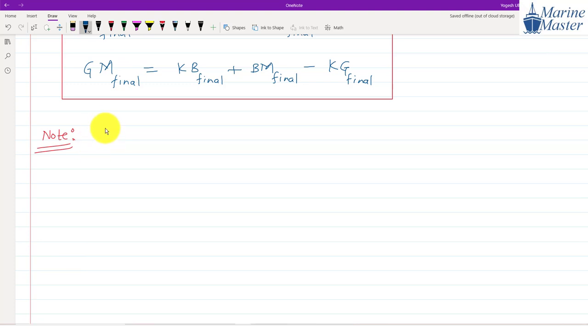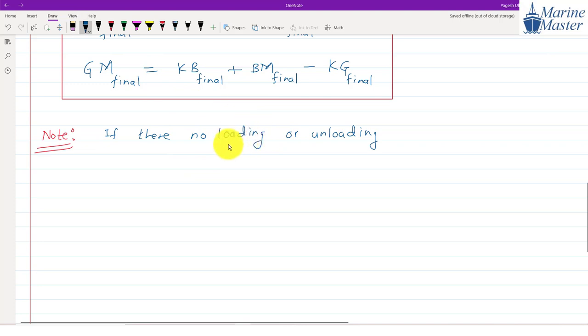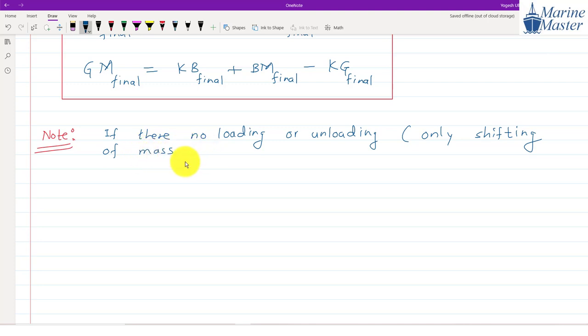If there is no loading or unloading, meaning no adding of mass, if there is only shifting of mass, then in that scenario there is no change in mean draft.